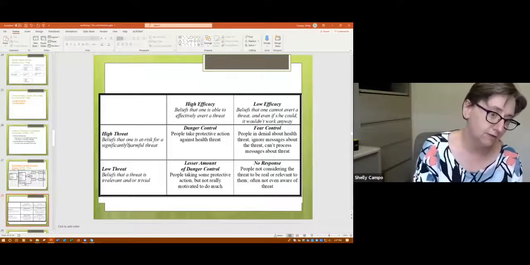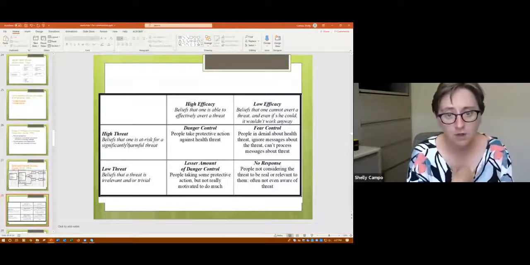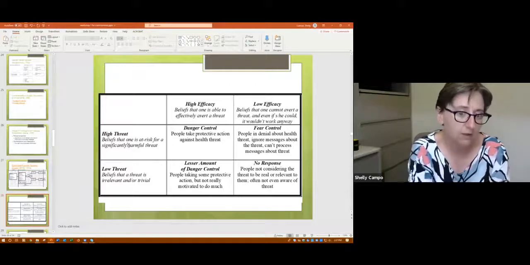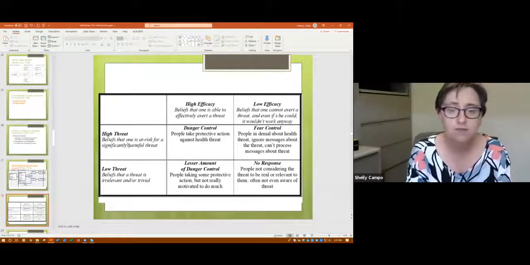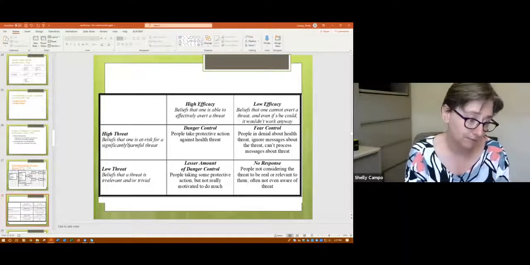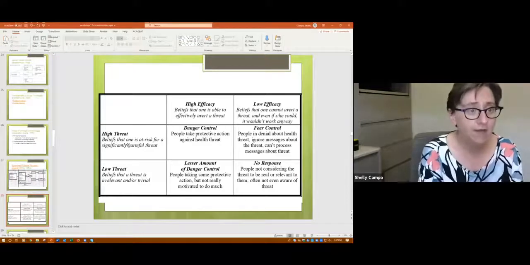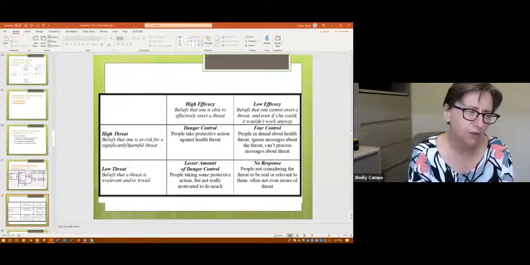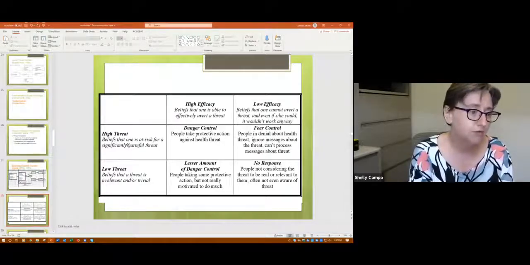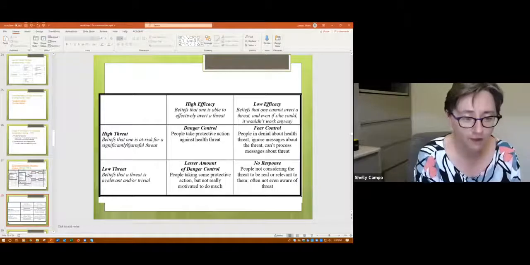a response efficacy. So if you develop messages that are both high in threat and efficacy, people are more likely to take actions that you are recommending. If they have a high sense of threat and a very low sense of efficacy, what happens is people sort of become paralyzed in their fear and don't feel like there's anything they can do about it.